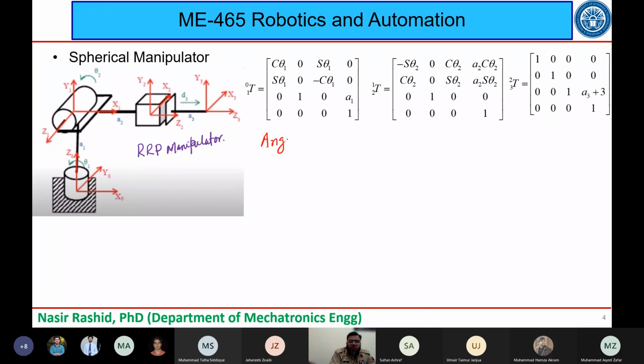And in fact we are interested to find out JW. ठीक है, जो हमने अभी पिछली स्लाइड पे देखा था कि JW is the part of the Jacobian matrix which deals with the angular velocity.